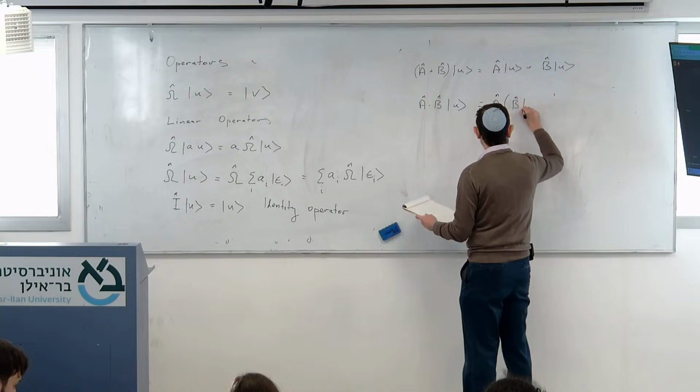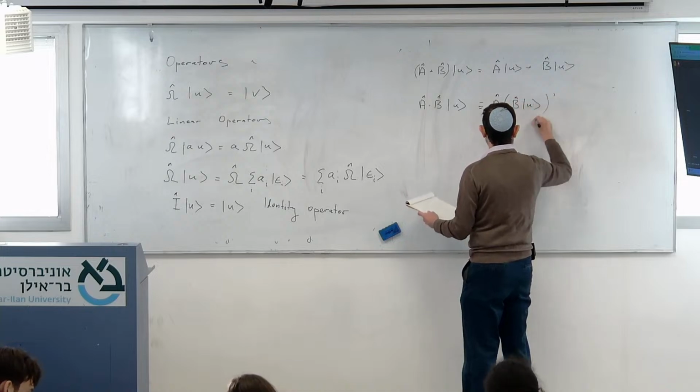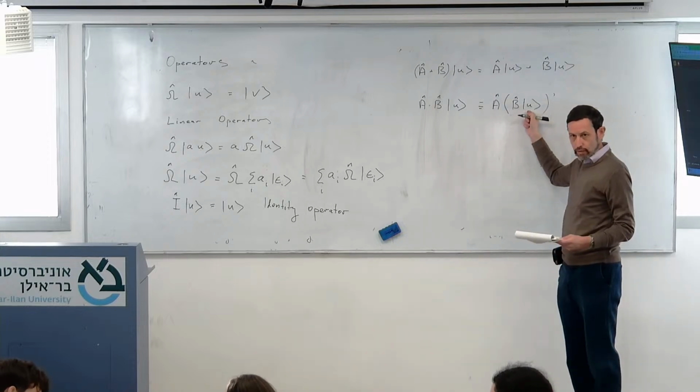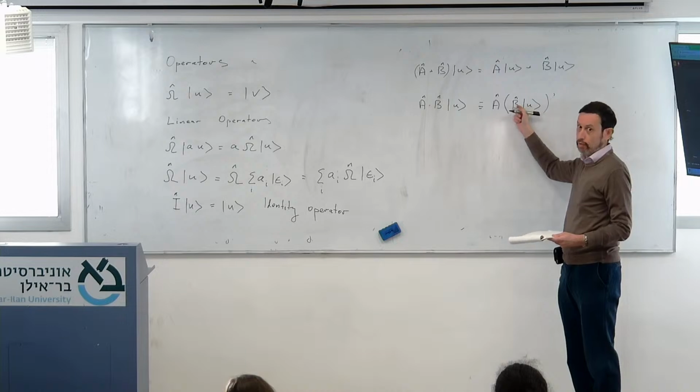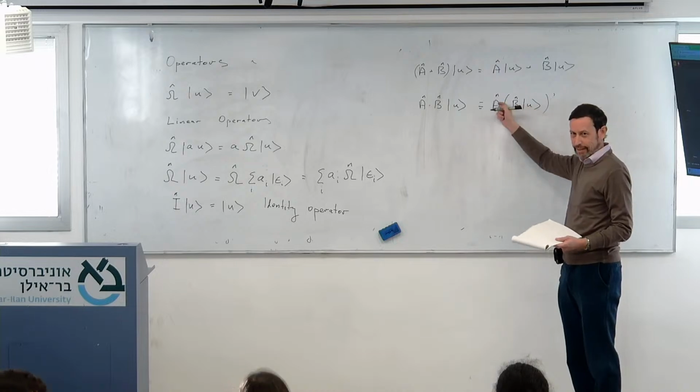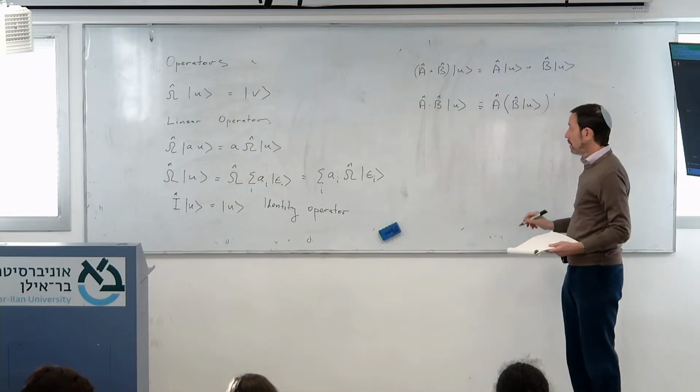First, operate B on U, and then on whatever vector you got from it, use A on it.